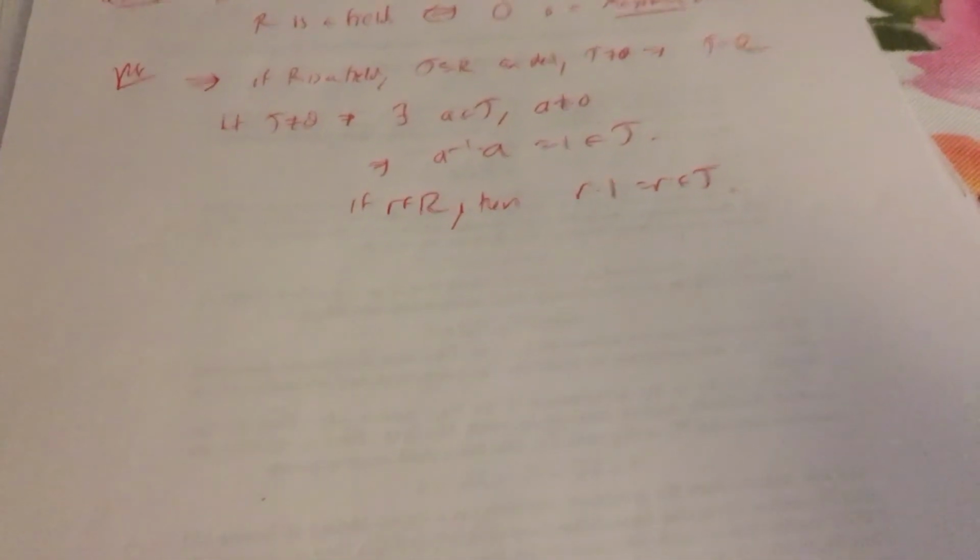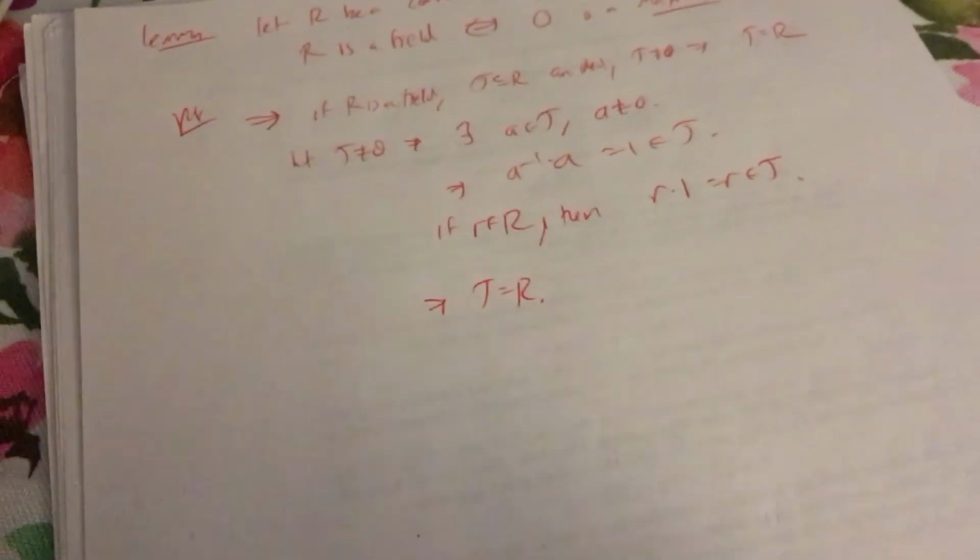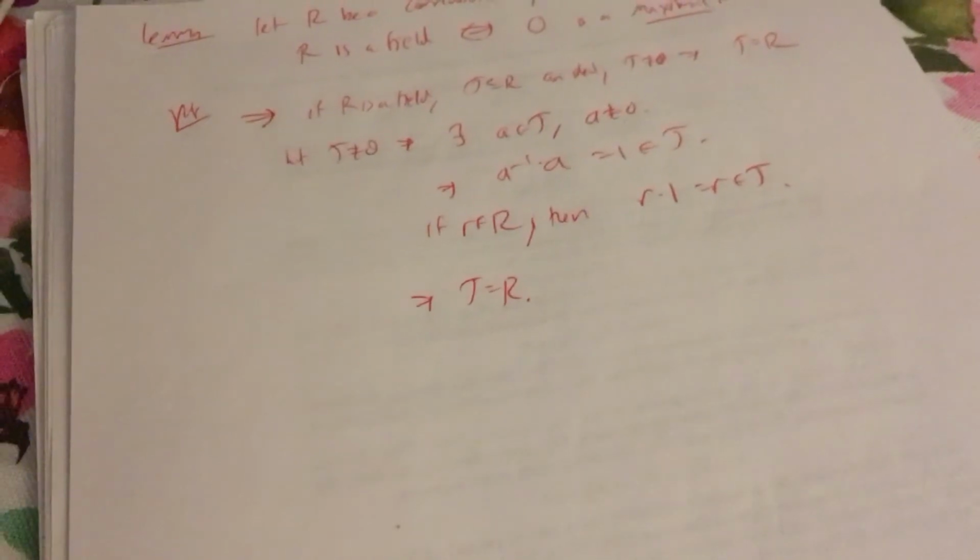But now, if r in R is arbitrary, then r times 1 equals r is in J. As soon as my ideal contains 1, I can multiply by anything times 1, and so then my ideal contains any element. And so what do I conclude? I conclude that J is R. Okay, so if R is a field, any non-zero ideal would have to be R, and that says that 0 is maximal. That's the biggest ideal.